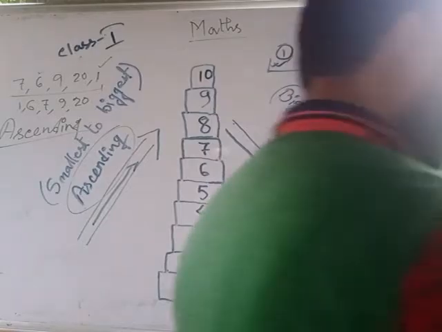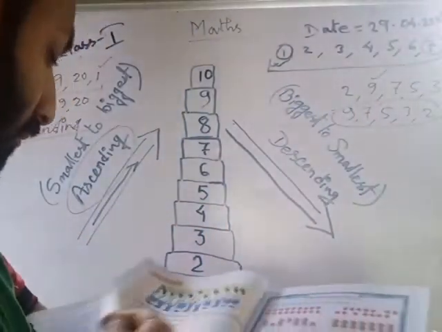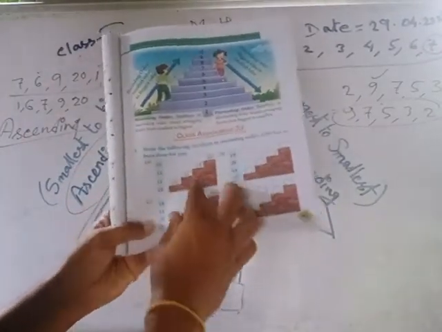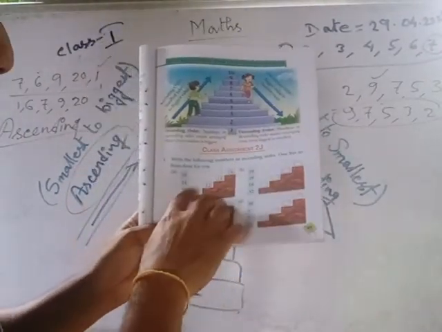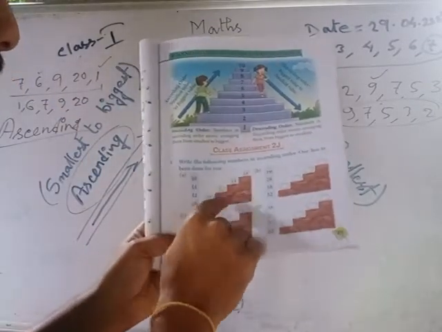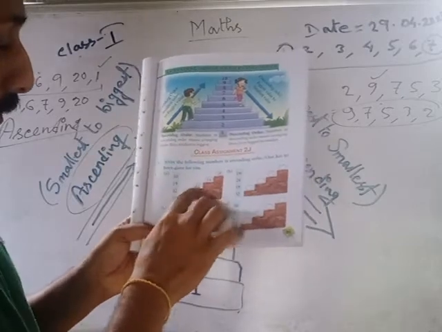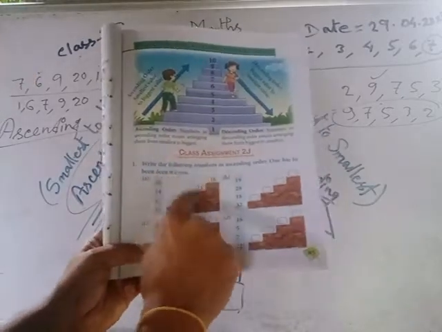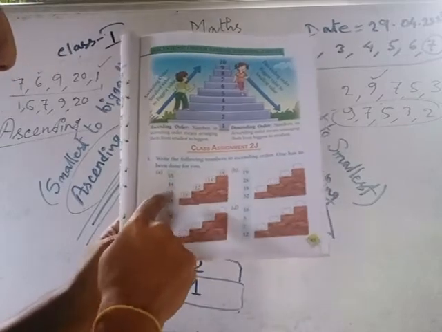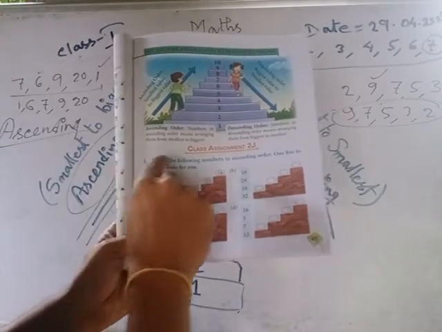So at that time, class assignment 1, right over here, 2J. One has already been done for you. 10, 14, 12, 18.